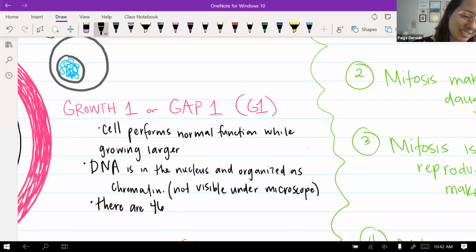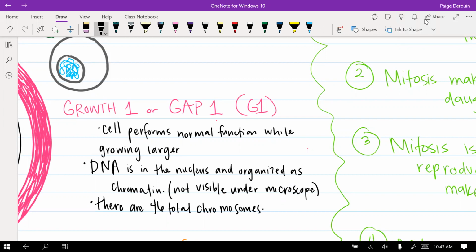There are 46 total chromosomes. So even though the DNA isn't organized into those chromosomes, they still exist. They're still there, they're just unraveled. It's like saying, if you unraveled a bunch of thread, there's 46 spools of thread here, there still are 46 spools, it's just not on the spools, if that makes sense.